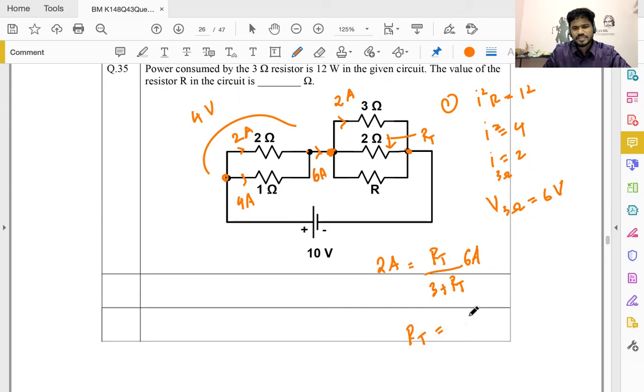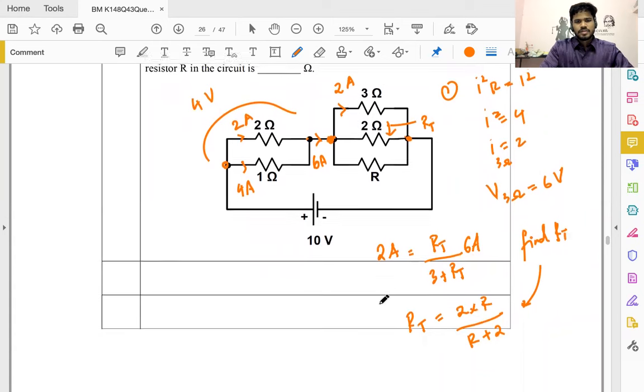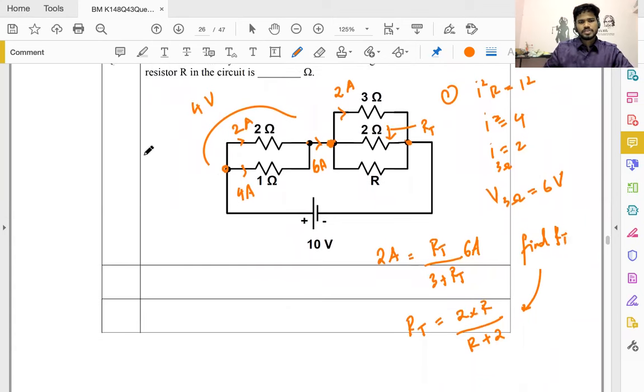RT is 2 into R by 2 plus R, 2 and R in parallel. So you can find RT, and then find R. Okay. So step 1, step 2, and then step 3. You should get it.